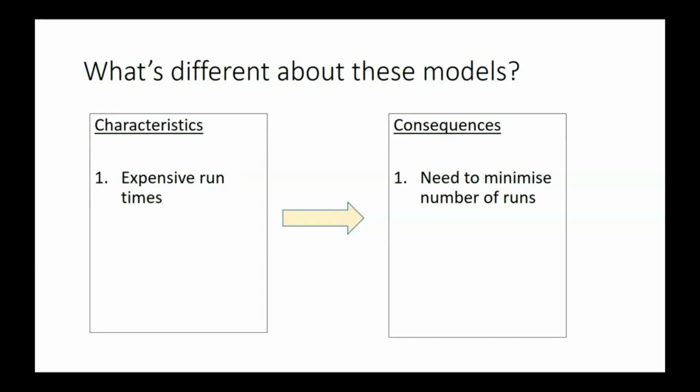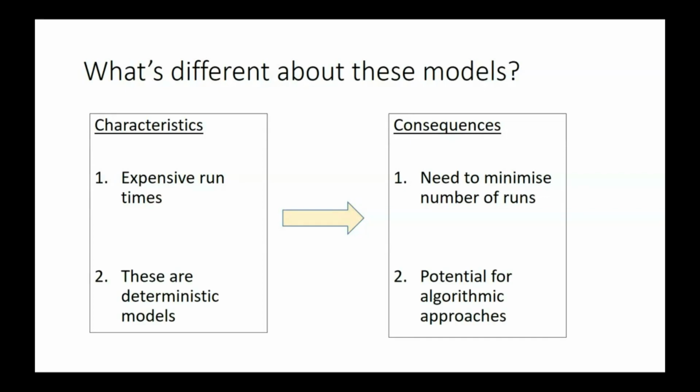And secondly, these are deterministic models, so there's potential for algorithmic approaches, in the way in which we explore to get best parameter values and explore to follow a timeline. They have these things in mind, and that opens the door to us for the methods that we're using.